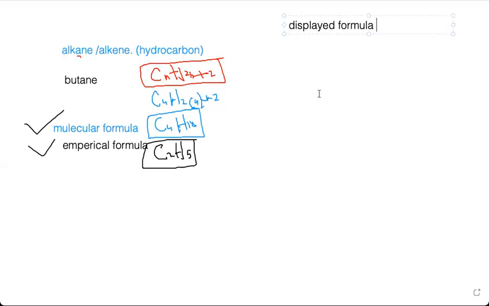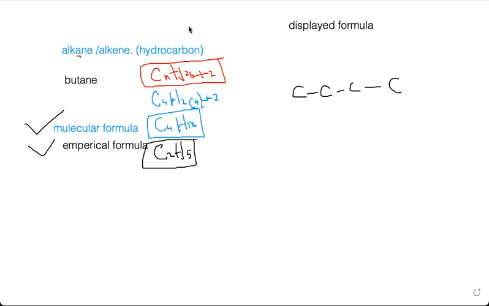You have to draw 4 carbons here. See, 1 carbon, 2 carbon, 3 carbon, 4 carbon. Since this is an alkane, meaning butane, no double bond will be there, so you can fill the rest of the bonds with hydrogen.